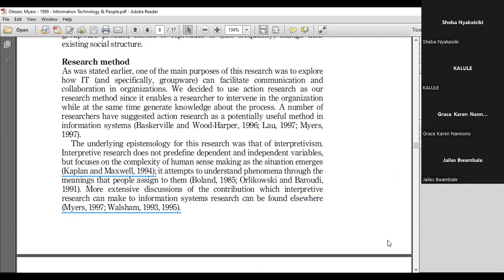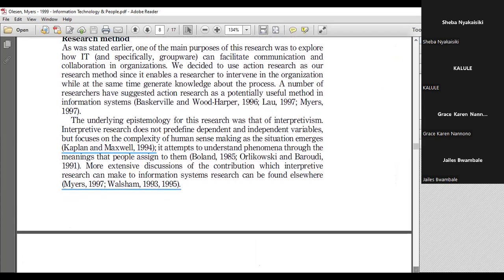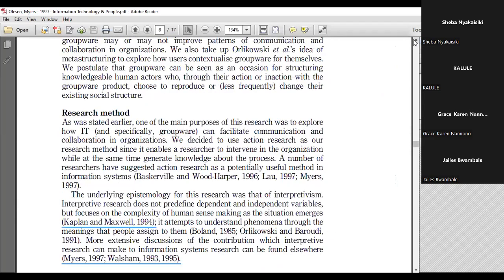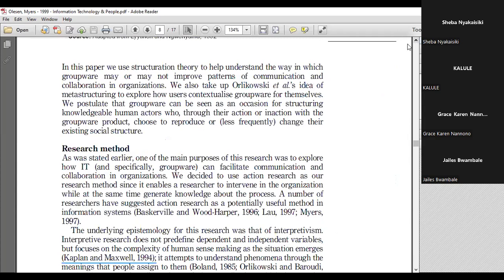What you can do to defend your work is you can actually quote the page where they state the research method they chose to use. So they use action research, but they also use the case study method. Although we haven't looked at research methods, we shall go through them today.